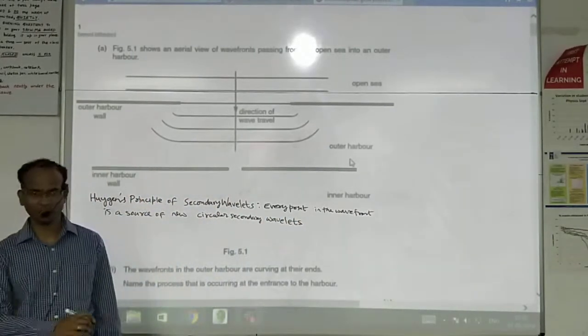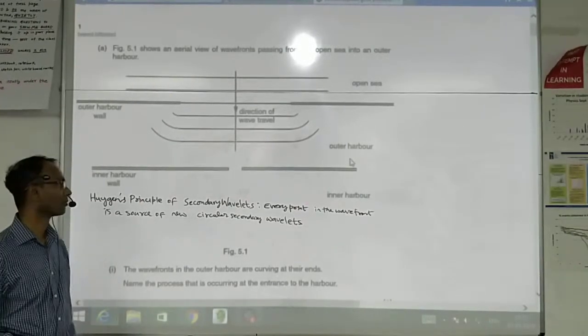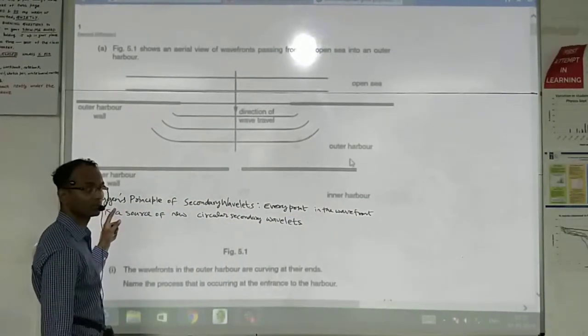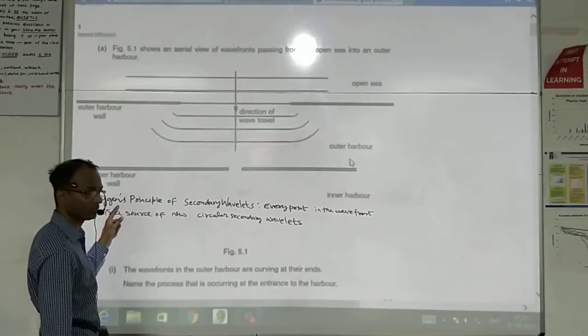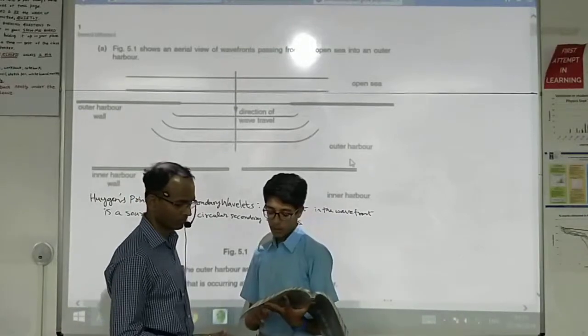First write this down, then I'll explain. What have you written in the first one? Every point in the wavefront, Huygens' principle.